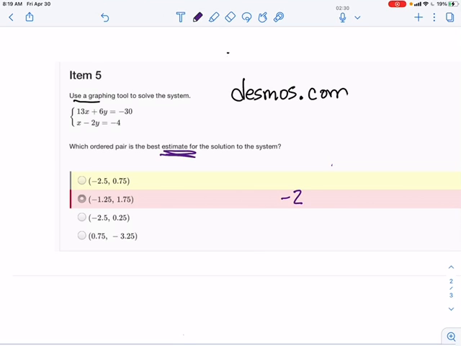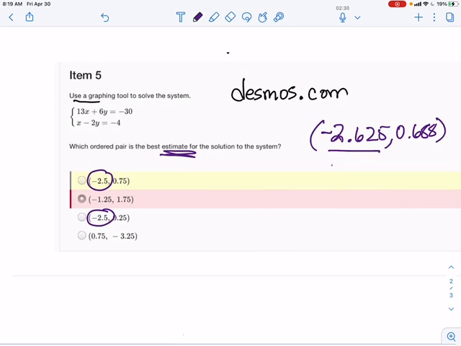So let me put what I had. Take this away, put it over here. What I wrote down from the Desmos was negative 2.625 and 0.688. So now I've got to figure out which one of these is closest to that. Well, for the x, negative 2.625, this one and this one are closest.